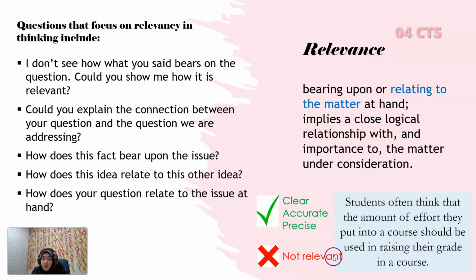So it is not relevant, not related, although there is a relationship sometimes, but not 100% correct or relevant. Maybe it is clear, accurate, precise. Maybe this statement is true, but it is not closely related. We can say that there is a relationship between the effort and the grade.